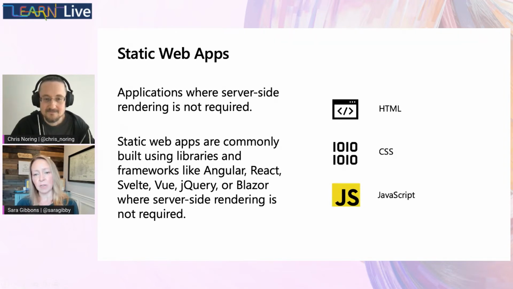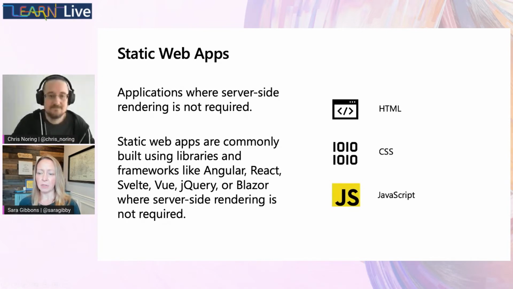So we're not interested in server-side rendering for static web apps, which is generally things like Angular, React, Svelte, Vue, jQuery. We have a great list here where there's no server-side rendering required, that this is all client-side. So these are all great fits for static web apps, and it's also a great fit for our bus scenario.